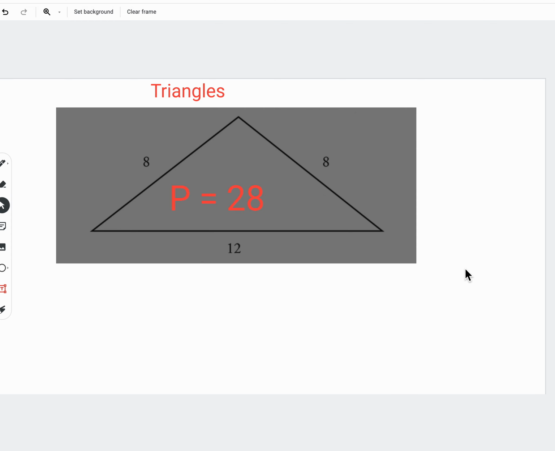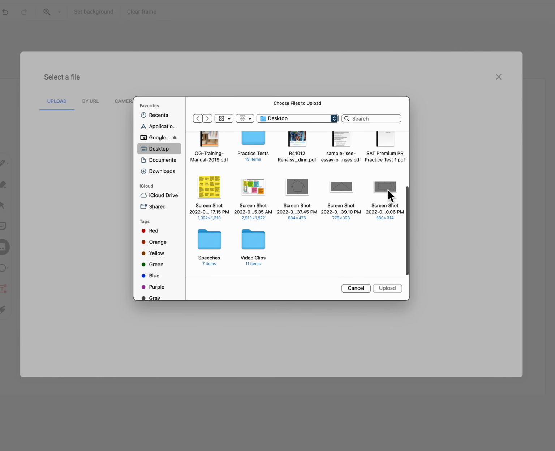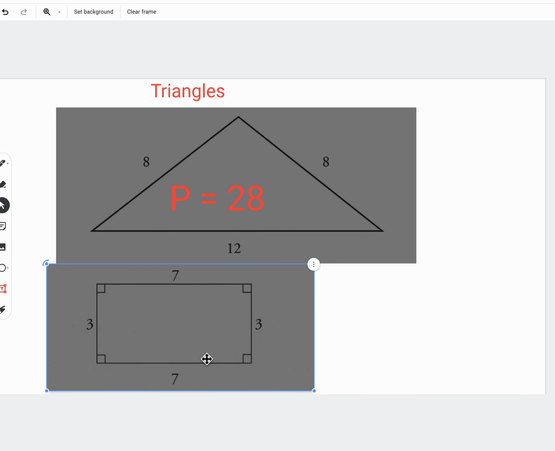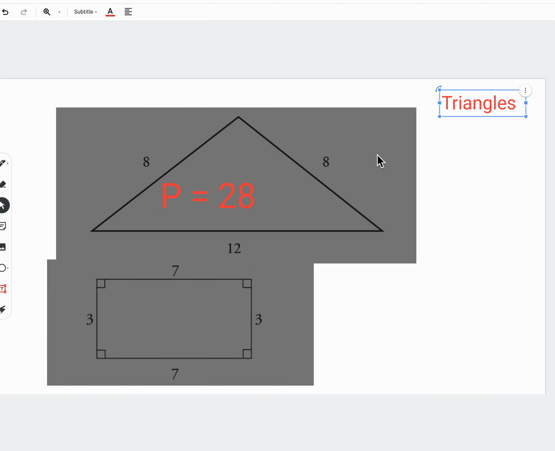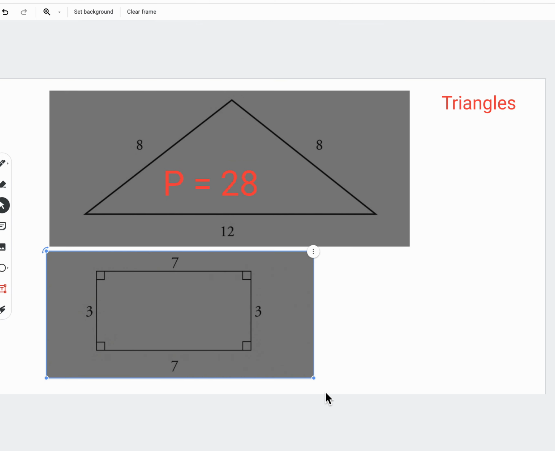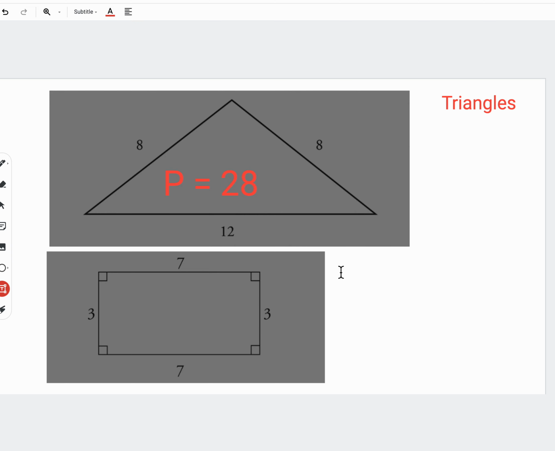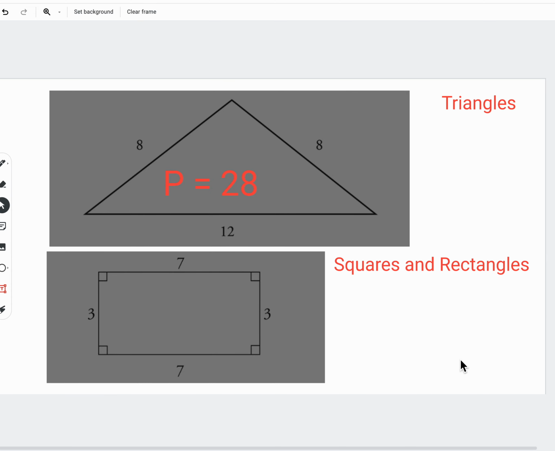Now let's take a look at squares and rectangles. A rectangle is a 4-sided figure with 4 90-degree angles.